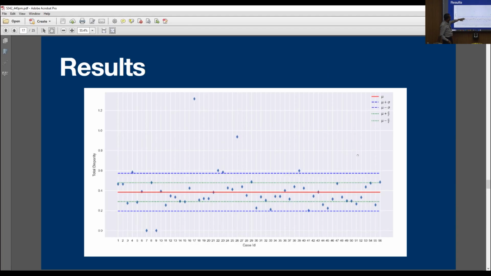But then you see some points way up here, like case number 17, case number 26, case number 39, and so on. We captured these deviations and looked at what's happening. The pressure sensor is apparently malfunctioning, so it's not working well. So it's capturing some level of anomalous behavior in the sensors.